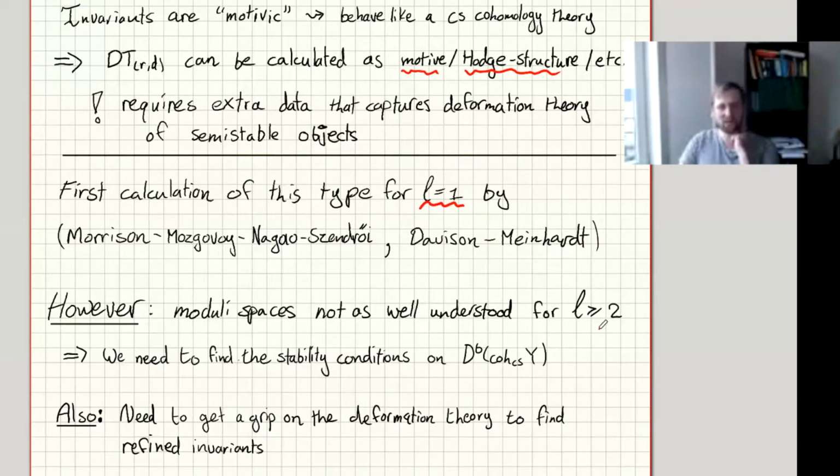And so if we want to understand the moduli of sheaves on these spaces, we really need some sort of grip on the stability conditions on the space and also on the deformation theory of the objects supported on the curves.